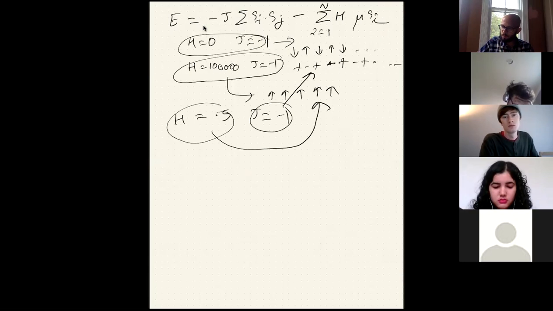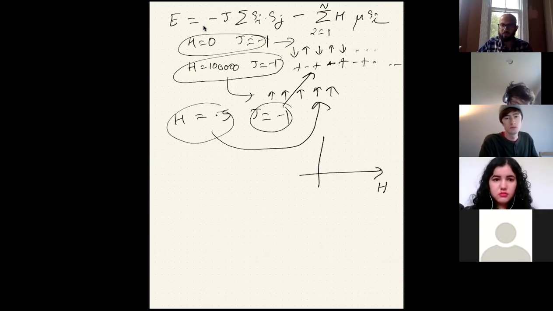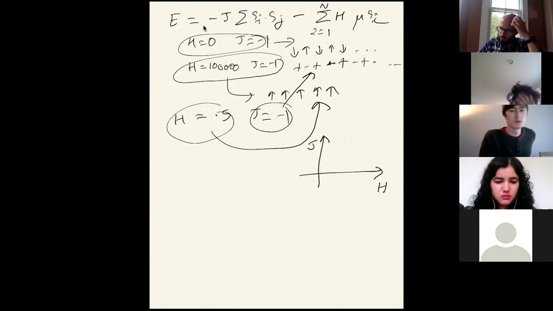So in this system, you can then come up with wonderful phase diagrams where one axis is H, the other axis is J. In physical chemistry, the phase diagrams that you think of are pressure temperature phase diagrams, right? Or composition temperature phase diagrams. This is a different type of phase diagram where you have external magnetic field on one side and coupling constant on the other side. It's not very different from the pressure temperature phase diagrams, right?